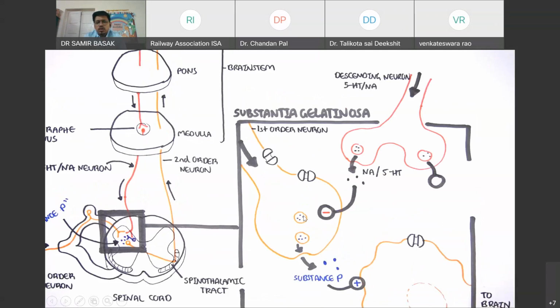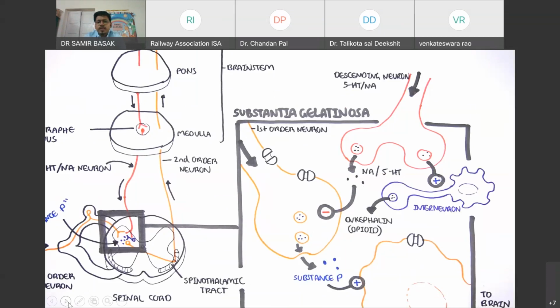They first inhibit the first order neuron from releasing substance P into the synaptic cleft, and serotonin and adrenaline stimulate the interneuron. There are a few interneurons in the substantia gelatinosa.